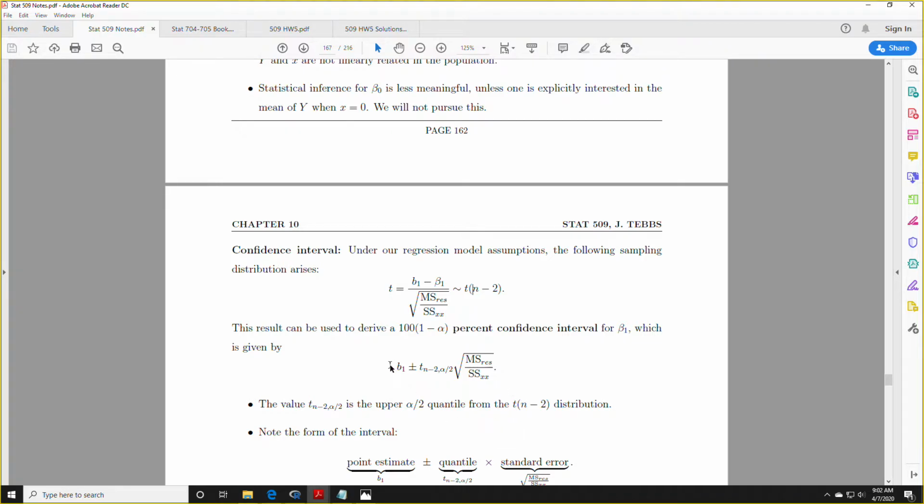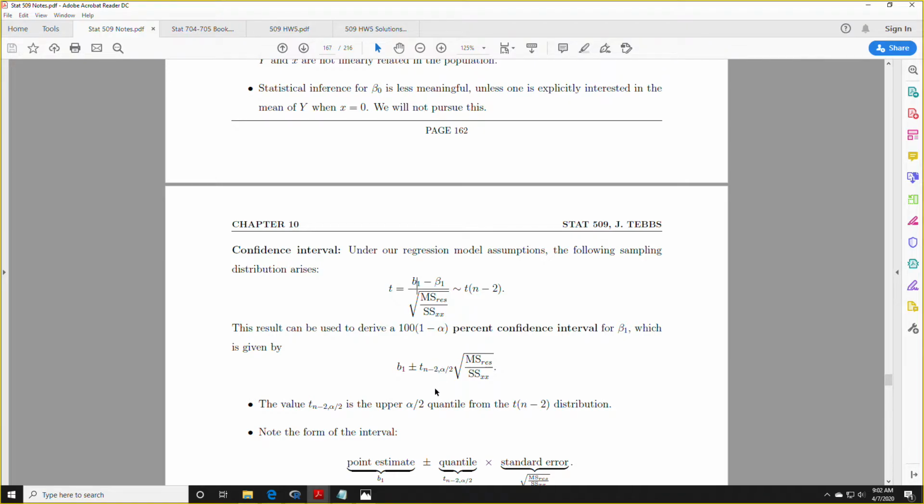Again, hopefully you followed back when we were originally going over confidence intervals, that method where we had a quantity that contained both the parameter and the point estimate for the parameter. We basically subtract the two and divide by the standard error, or estimated standard error, of our point estimate, and we knew the distribution for that quantity, and we could flip that around in order to construct a confidence interval.